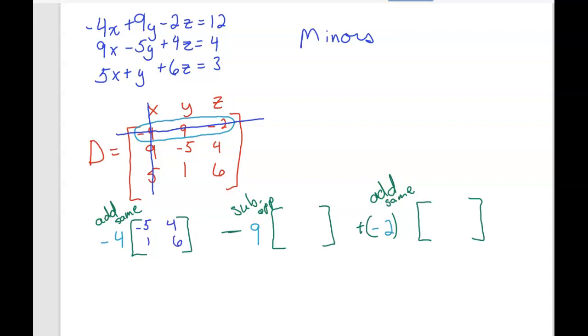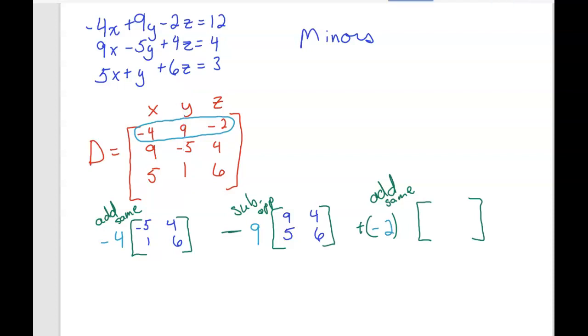This is my minor matrix. I have crossed out the column and row for this particular number. Then I will move to the 9. I will cross out its column and row, and I will put the leftovers, the 9, the 5, the 4, and the 6, in to create its minor.